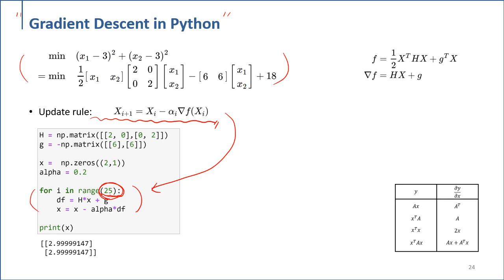For a given alpha, you need to set a proper alpha value, and update like this. By doing this step 25 times, you are able to obtain this value, which is basically the same as the solution you would obtain analytically.